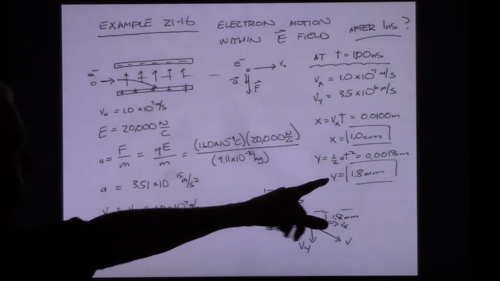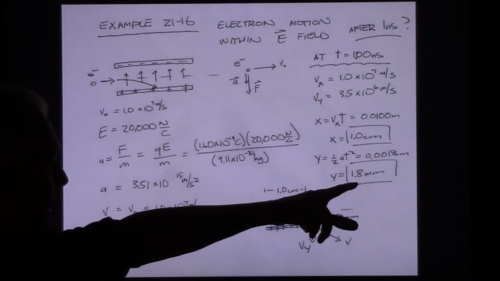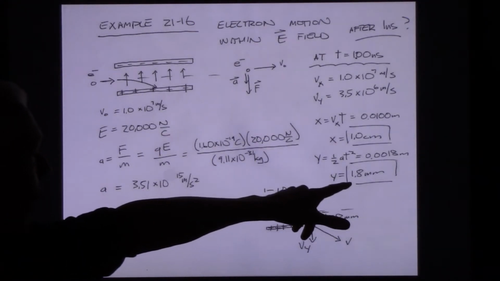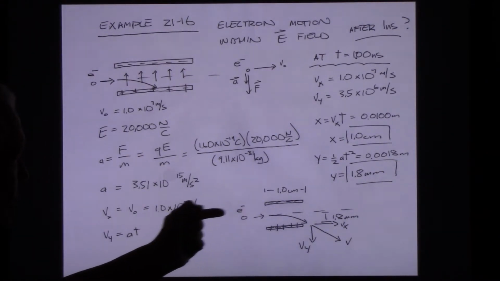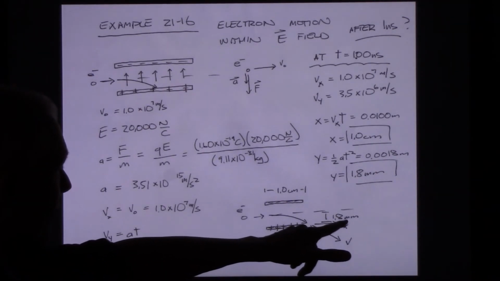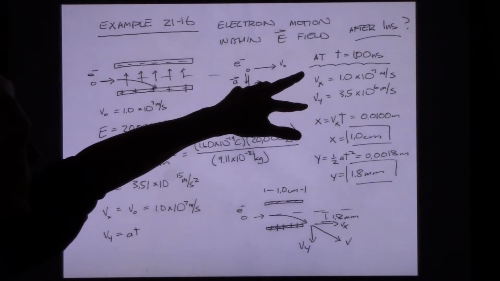In the y direction, it will have curved and will now be located below the horizontal, 1.8 millimeters. So 10 millimeters horizontally, 1.8 millimeters vertically, and at that point, the Vx and Vy components are given here.